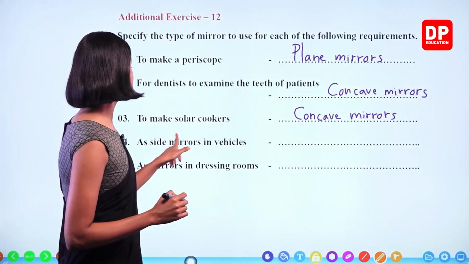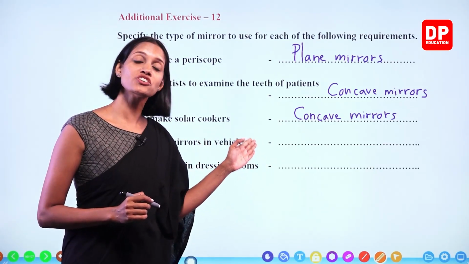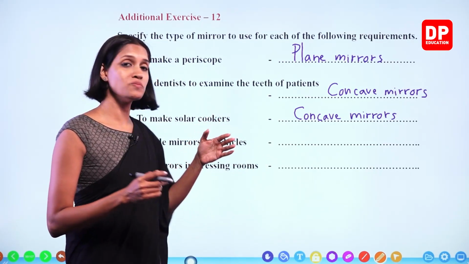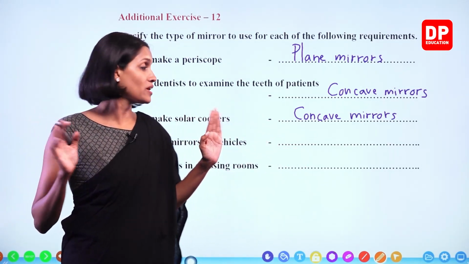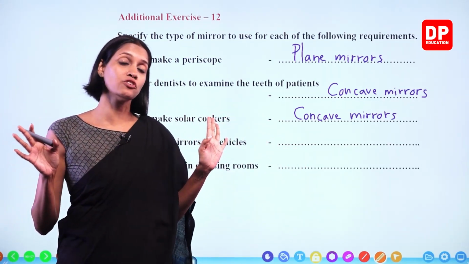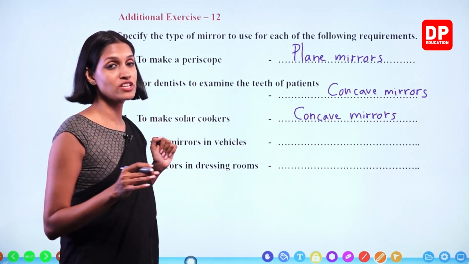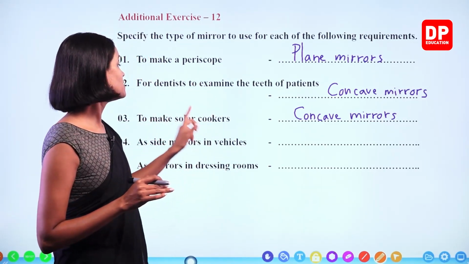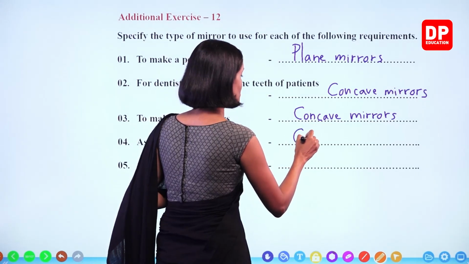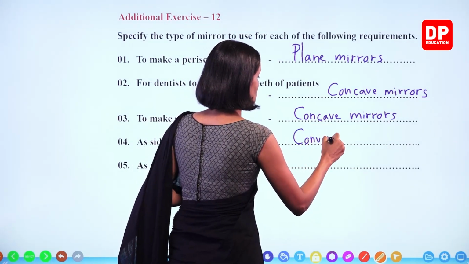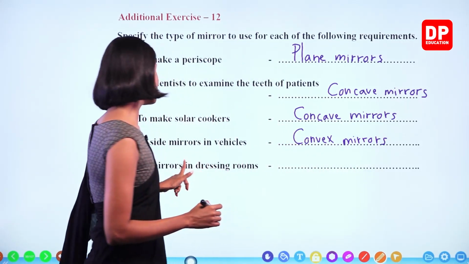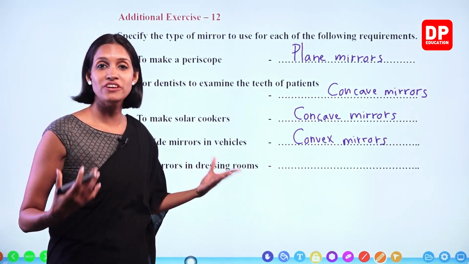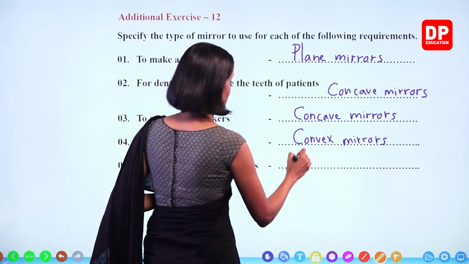As side mirrors in vehicles, we always use convex mirrors because we can observe a smaller image of a larger area, right? Therefore, as side mirrors in vehicles, convex mirrors are used. As mirrors in dressing rooms, always plane mirrors.